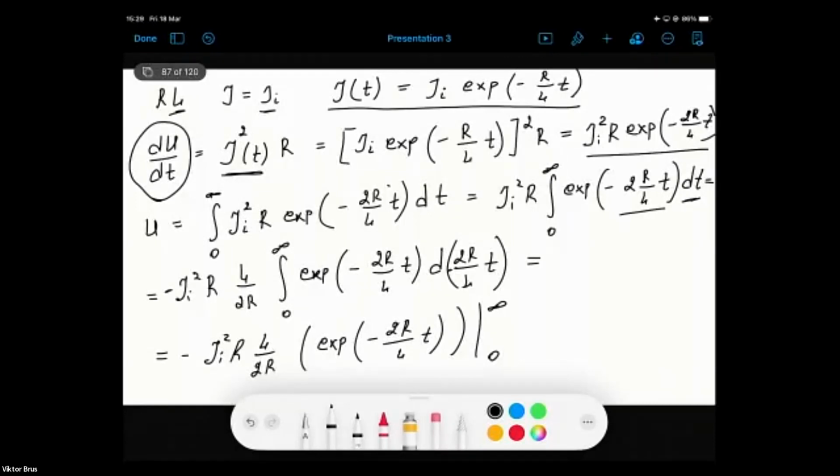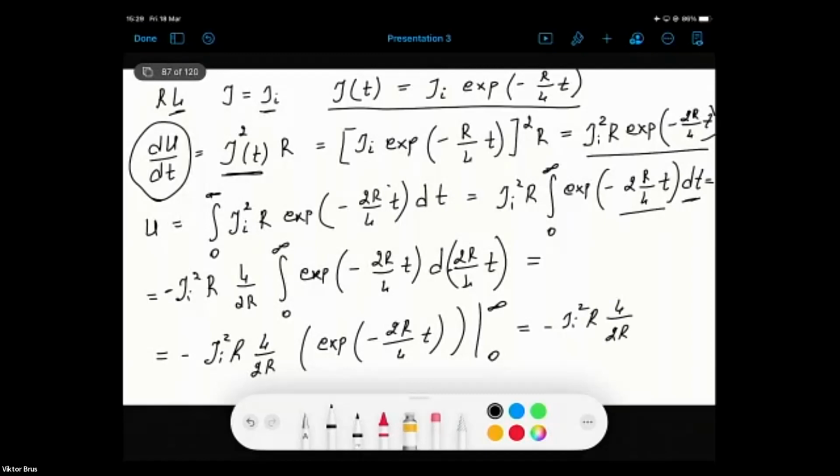And that actually stands for minus I initial square times R times L divided by 2R.